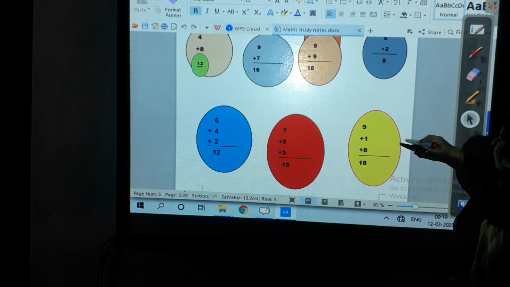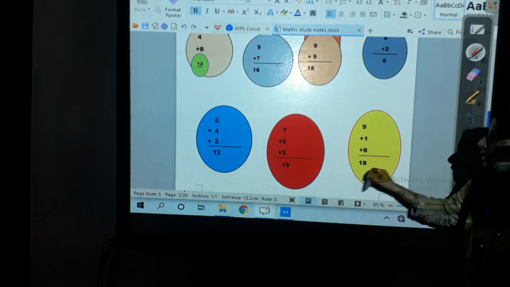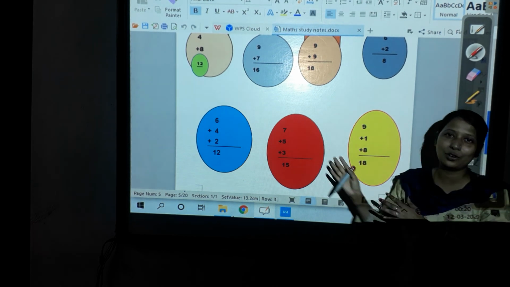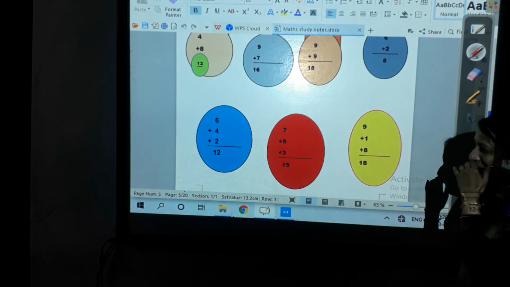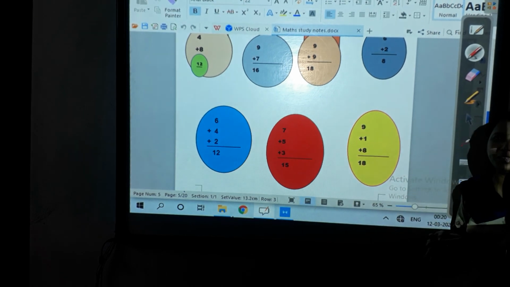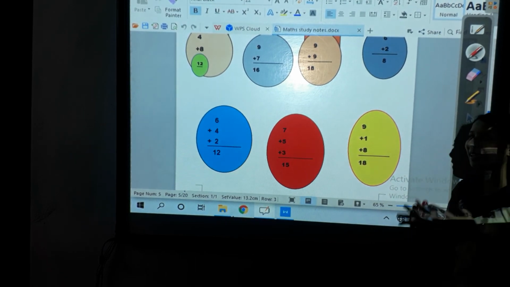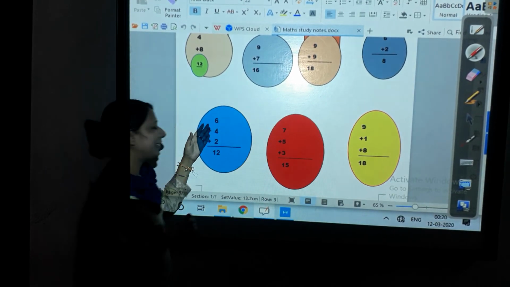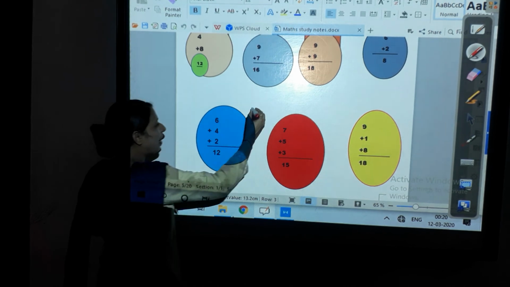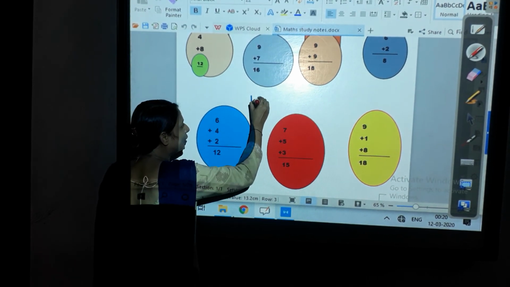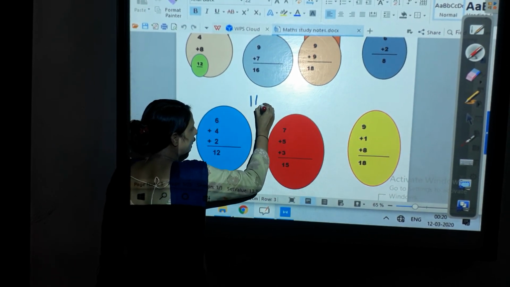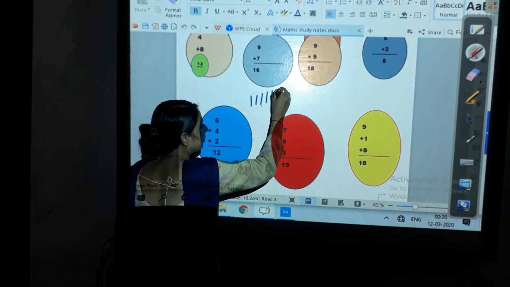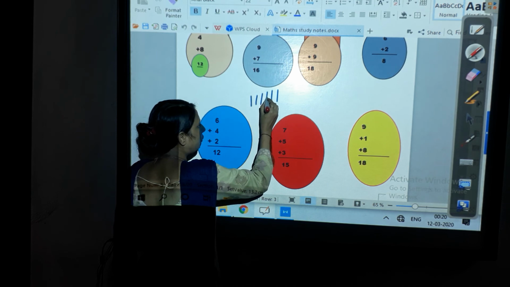In the same way, we will solve these sums also. See, your ma'am has drawn these shapes for you. See, these are so colorful. It will attract you and make you happy. Now, the first addend is what? 6. So I will draw 6 lines. 1, 2, 3, 4, 5, 6.